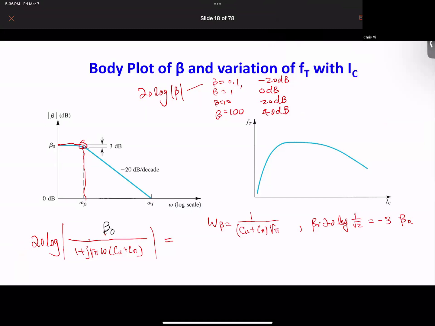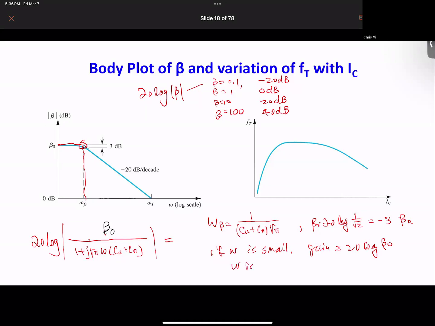So we get beta 0 if omega is small. If omega is small, then the gain is basically 20 log beta 0.